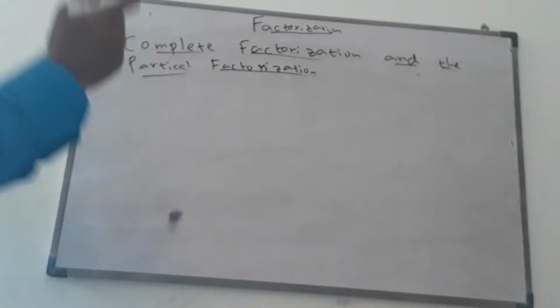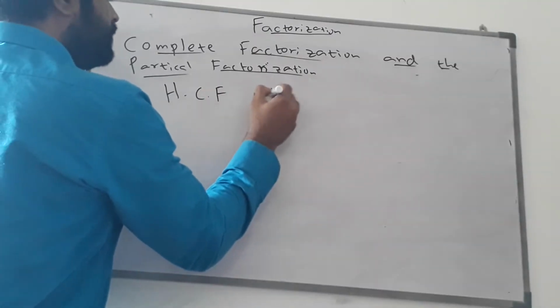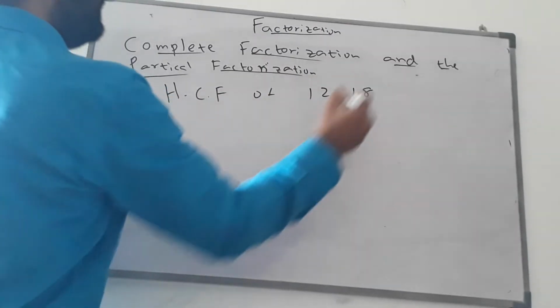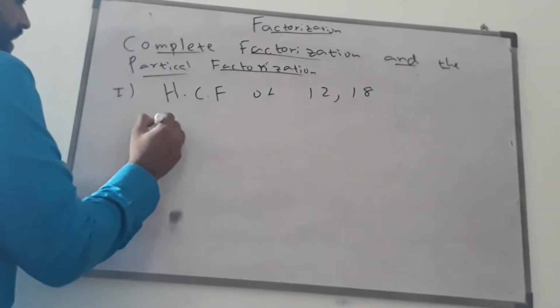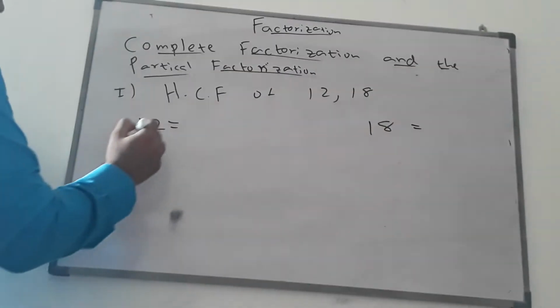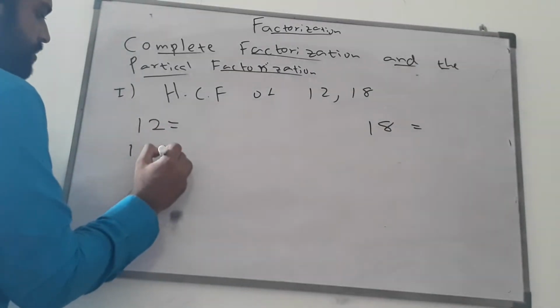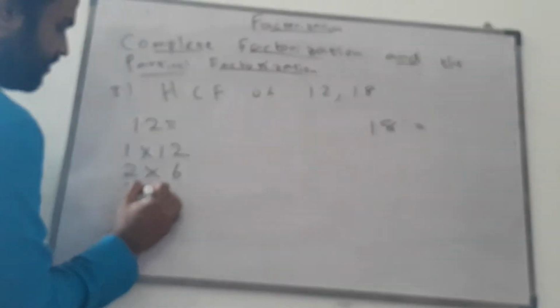Suppose you are asked to find the HCF, or highest common factor, of 12 and 18. So what we have to do is find the factors of these. There are two methods. I'm going to find the factors. 12 can be written as 1 times 12, 2 times 6 and 3 times 4.